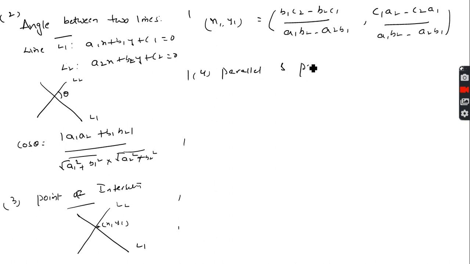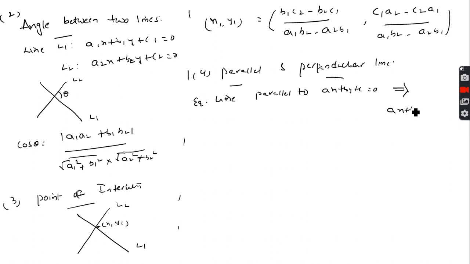The equation of a line parallel to ax plus by plus c equal to 0, if this is the form, is nothing but ax plus by plus k equal to 0. So this is the parallel line.